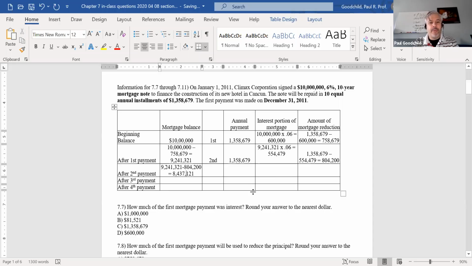And then you would just sort of complete the chart, and after 10 payments, the last payment may have to be rounded or increased or decreased.